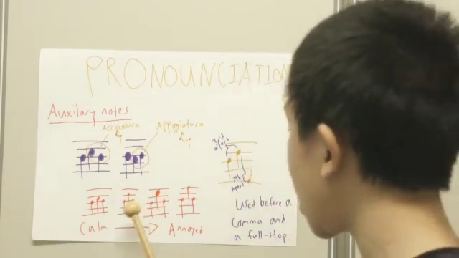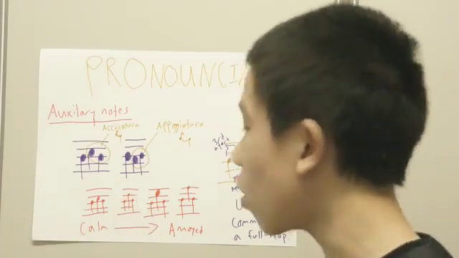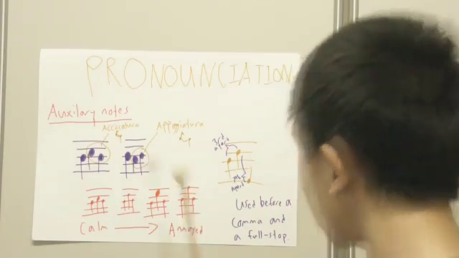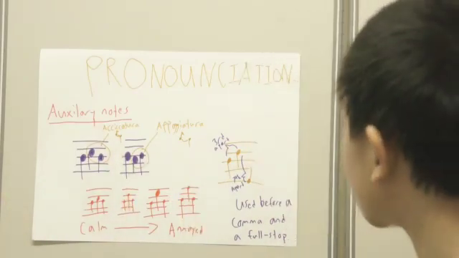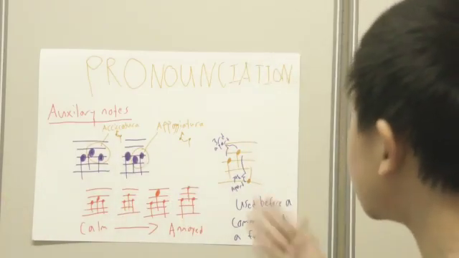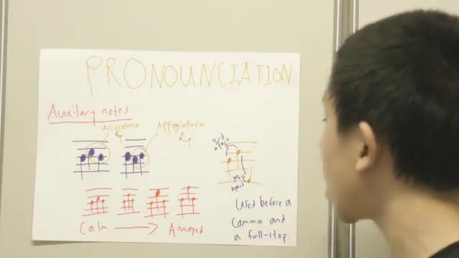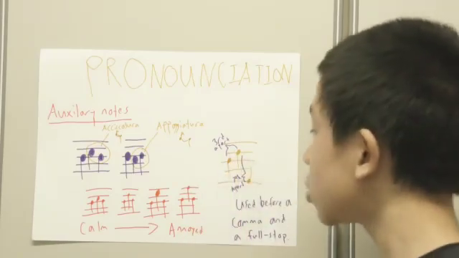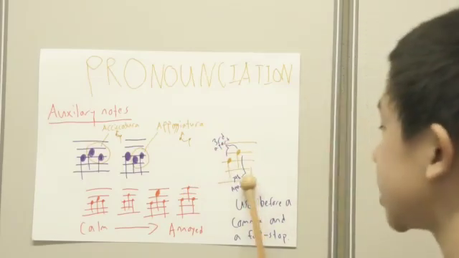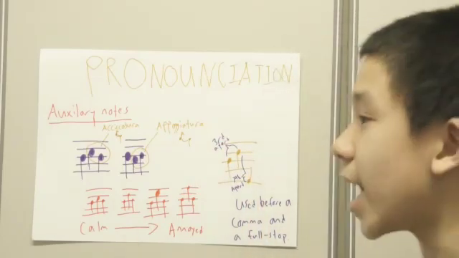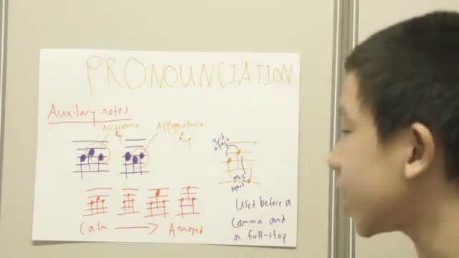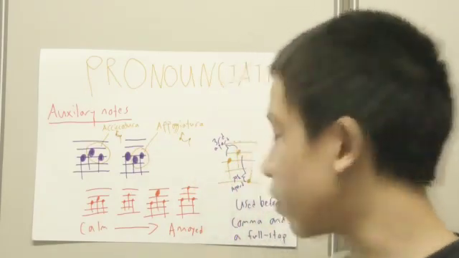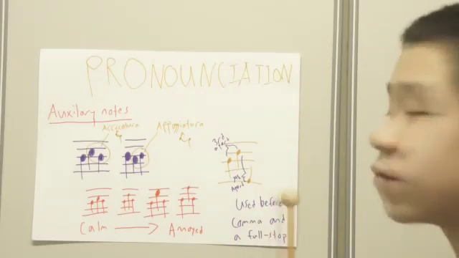So now we can say the word no as no or no. Also, we can vary the intervals between the first two notes and the last two notes. Like we see here, the first two notes could be a third apart, while the last two notes could be a seventh apart. We say no in that kind of notes, and then we can say it like this. No! Auxiliary notes are used mainly before a comma and a full stop.